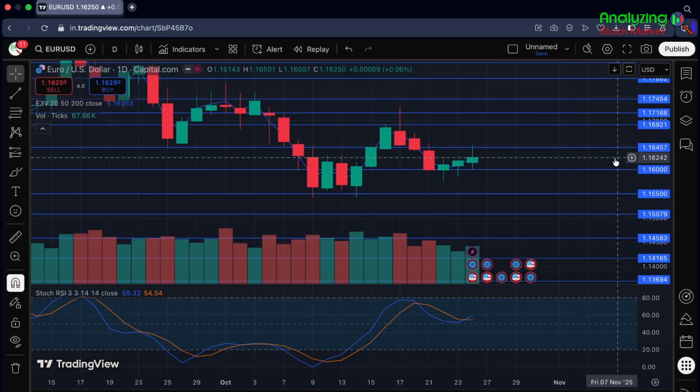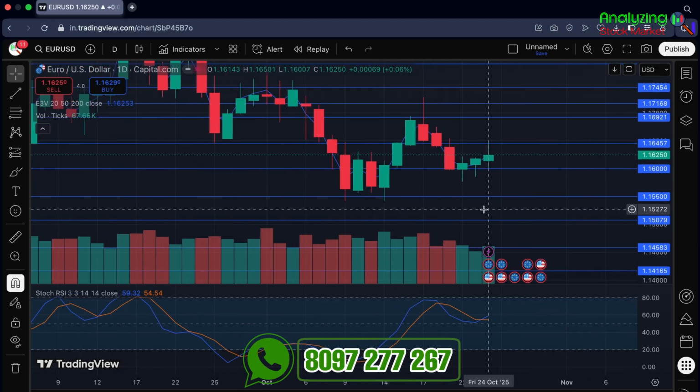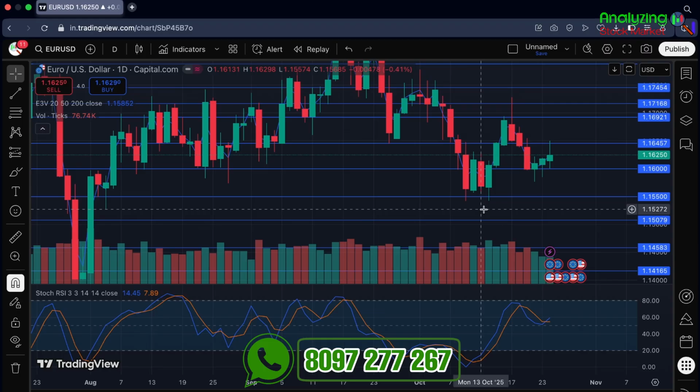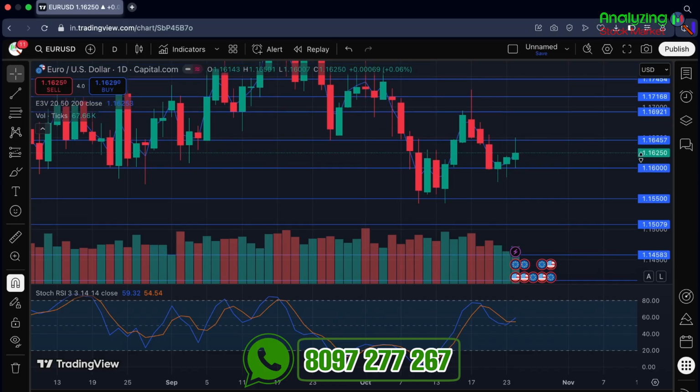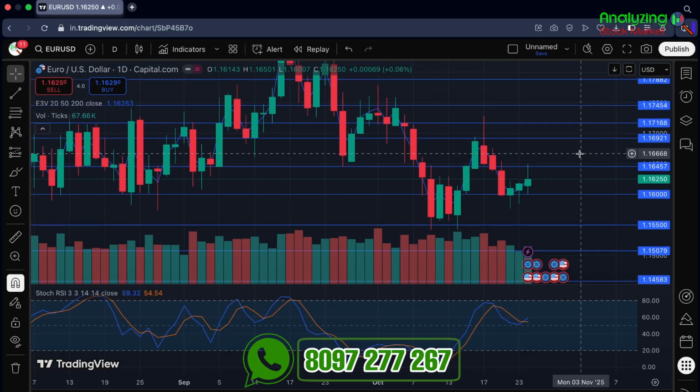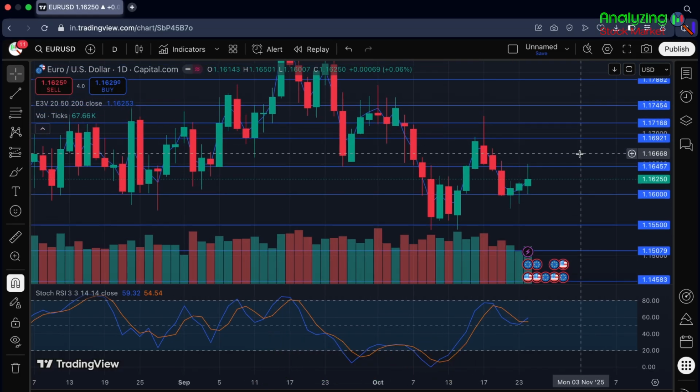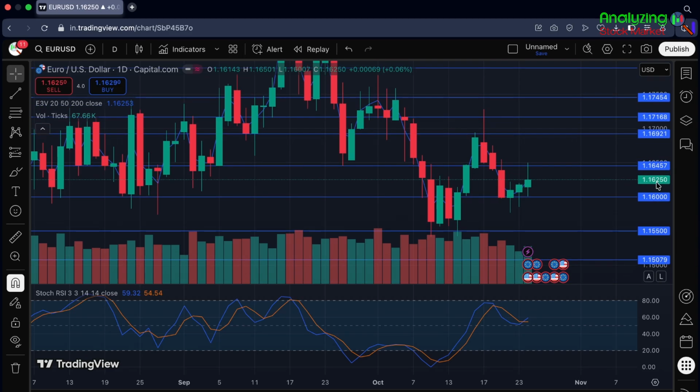So currently you can see there are already important support zones and resistance zones marked, which we marked during our previous week analysis. We don't need to mark any new levels because I don't see any new or different data which gives us an indication to change any levels. So currently let's talk about the closing first. Here we can see 1.16250 is the closing.